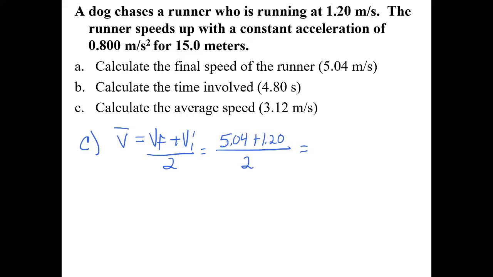We can almost do this one in our head. 5.04 plus 1.2. Well, that's 6.24. All over 2. So that's 3.12 meters per second. So that's the average speed. Now, they didn't run that the whole time. They were accelerating in the process. We're saying on average, that's what they ran.